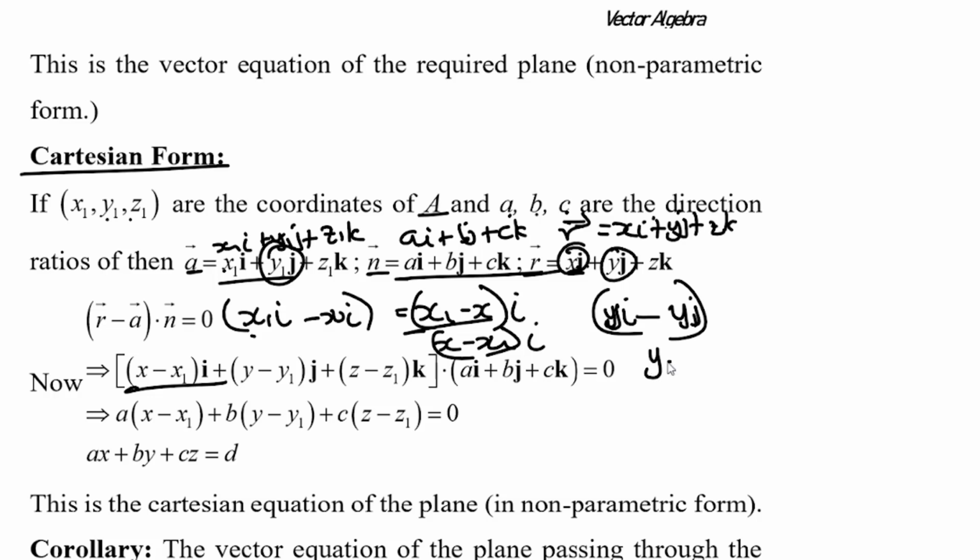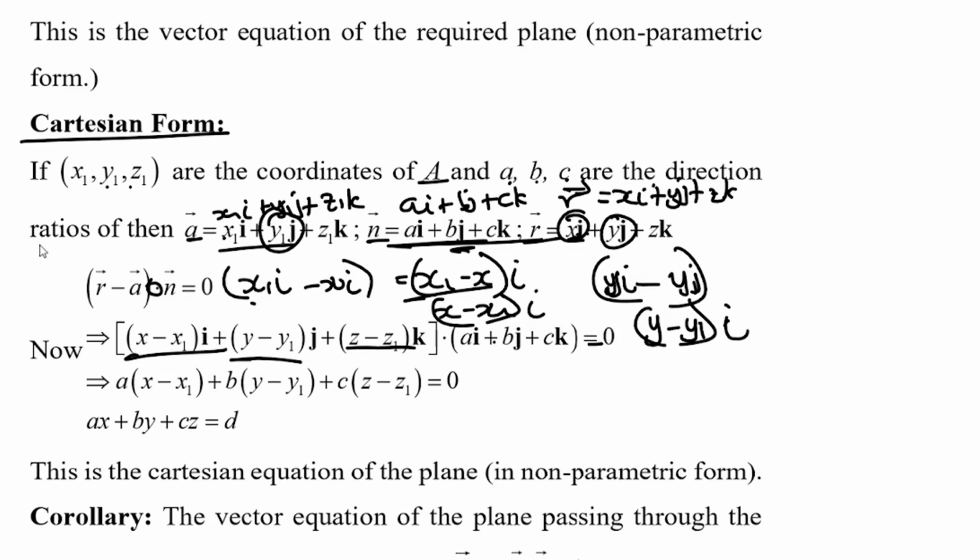So we're going to have Y minus Y1 J, and that is what we have here. Plus, then the last one is Z minus Z1 K. And then here we are saying that all dot N, and our N is AI plus BJ plus CK equals 0.